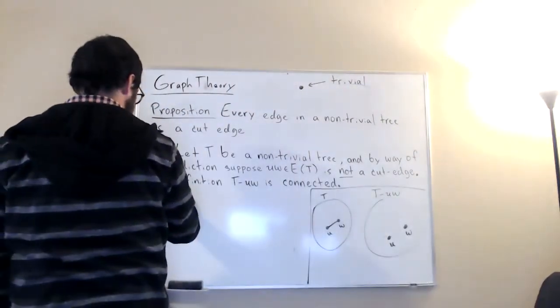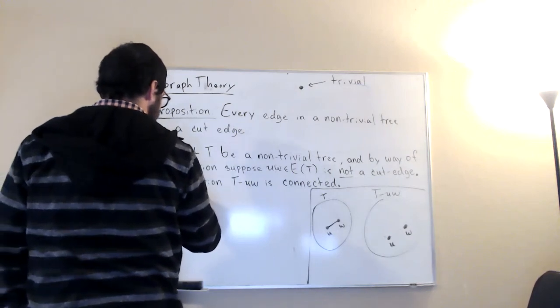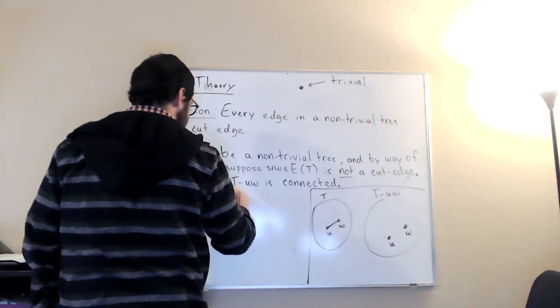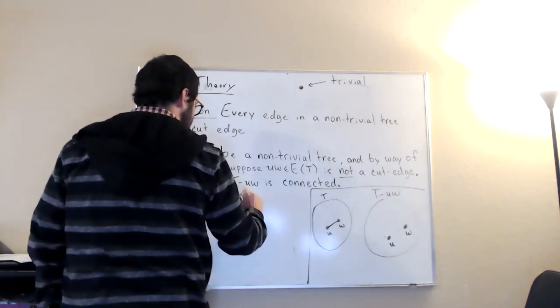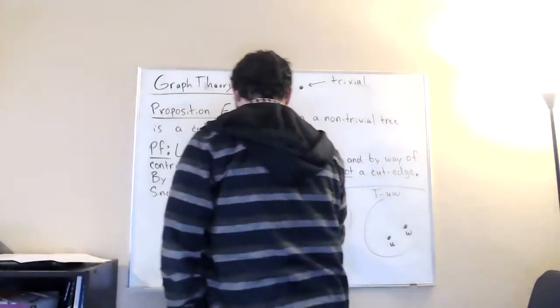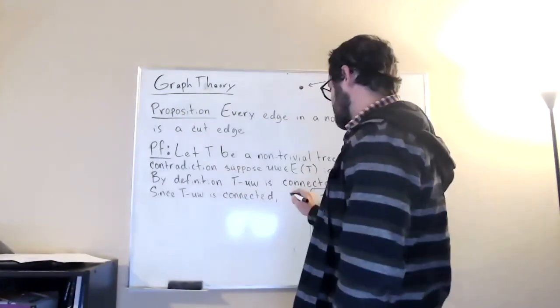So since T minus UW is connected, right? There must be a UW path in that graph.